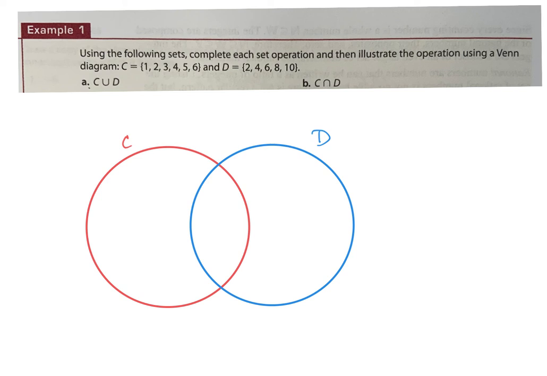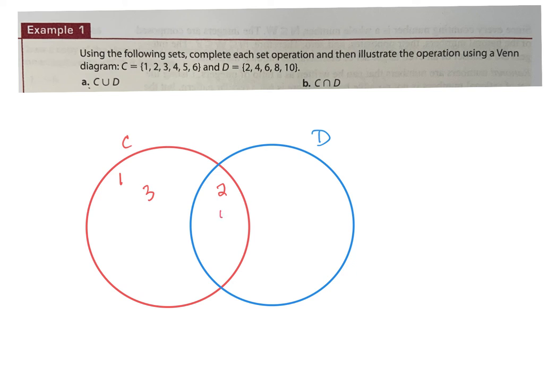So I am going to look at my sets C and D. 1 is only in set C. Does everybody see that? So if that's only in set C, I'm going to write it here. 2 is in both. So 2 is going to go where? In the middle or in the left? Yeah, in the middle. What about 3? Left. It's just going to go in C. What about 4?